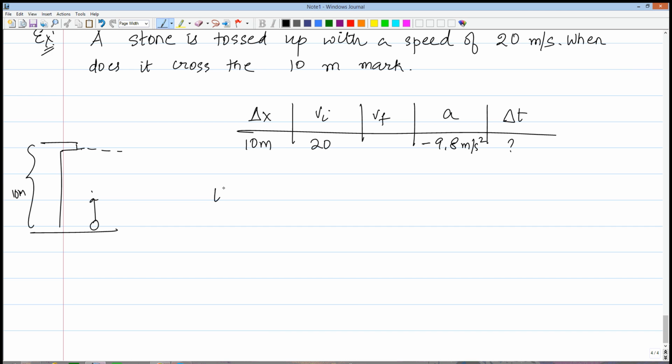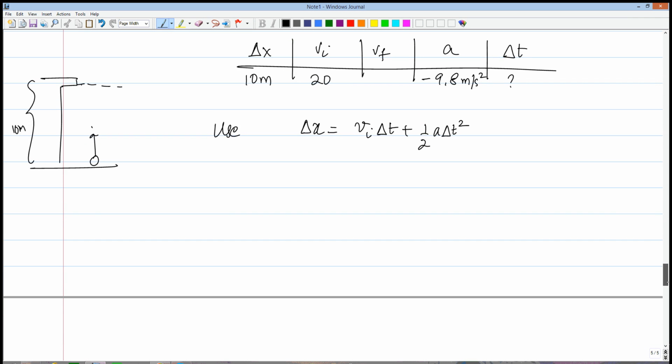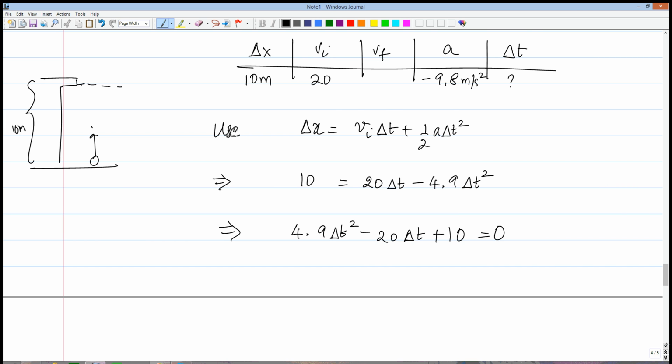The equation without vf is delta x equals vi delta t plus 1/2 a delta t squared, and this implies 10 equals 20 delta t minus 4.9 delta t squared, which is equal to 4.9 delta t squared minus 20 delta t plus 10 equals 0.